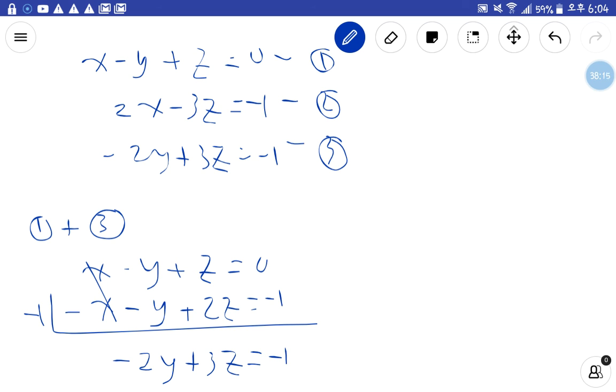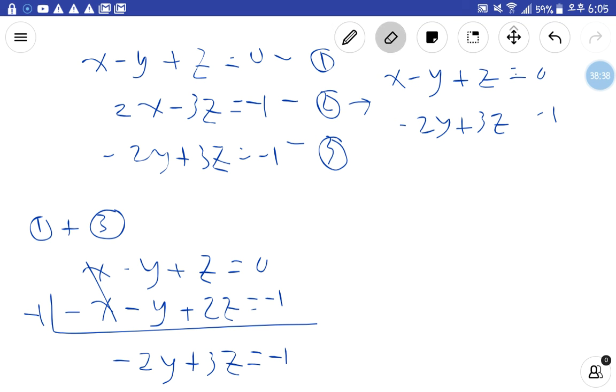Now what? I'm going to interchange my second and third. So you would have x minus y plus z equals 0, negative 2y plus 3z equal negative 1, and you have 2x minus 3z equal negative 1.